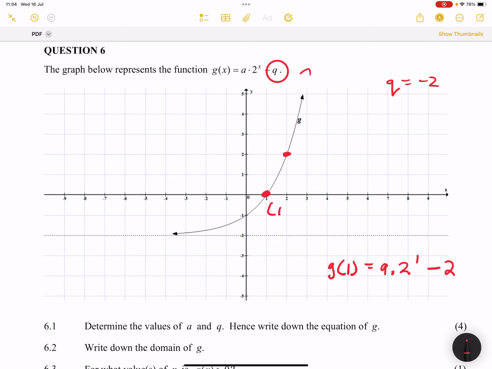When x is 1, y is 0. So this gives us 0. So that means 2a minus 2, 2 to the power 1 is 2, and that means 2a is equal to 2. And if we divide both sides by 2, a would be equal to 1. So needless to say, ladies and gents, that a is 1 and q is -2.